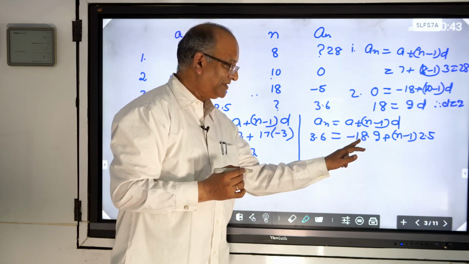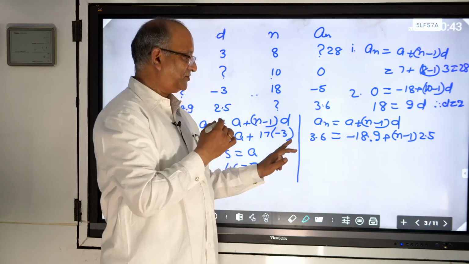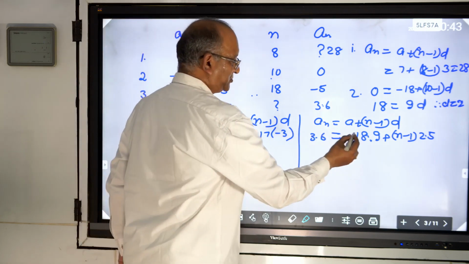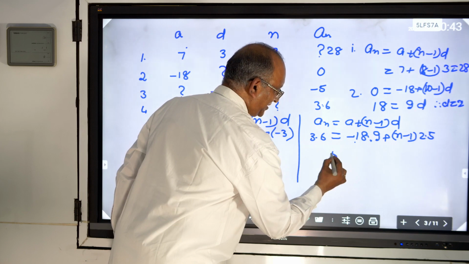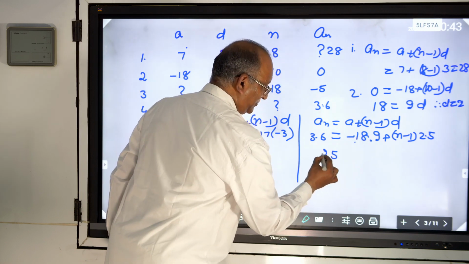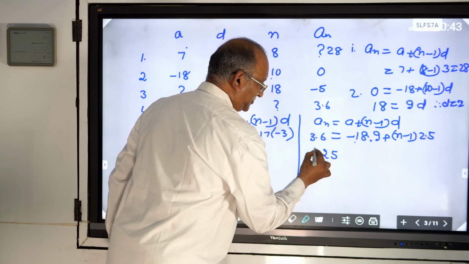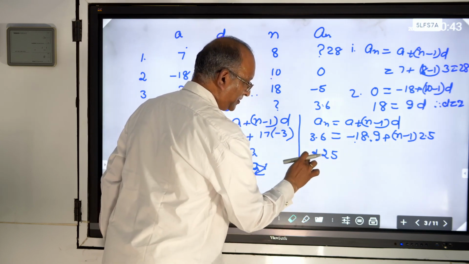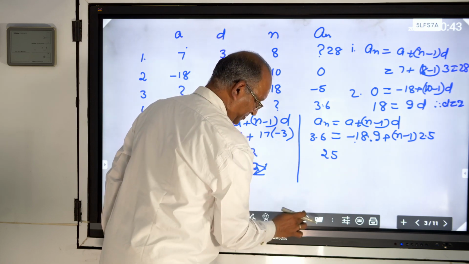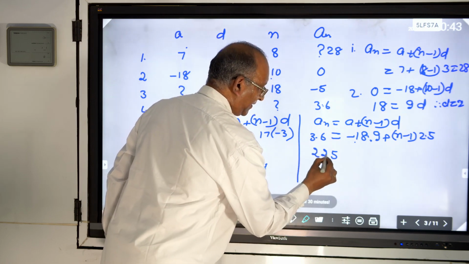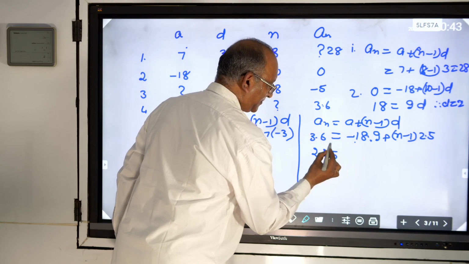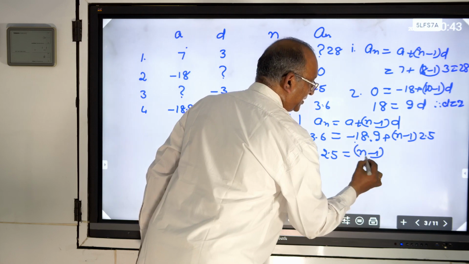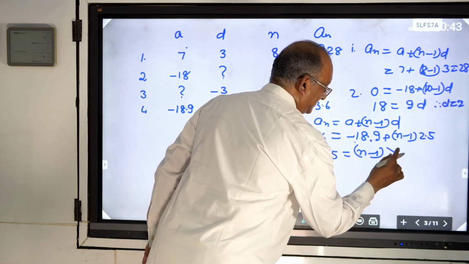First we will shift minus 18.9 from the right hand side to the left hand side. It will become plus. That will get added with 3.6. So you can directly add 9 plus 6, 15. 9 plus 3, 12. So it will become 22.5 equal to n minus 1 into 2.5.